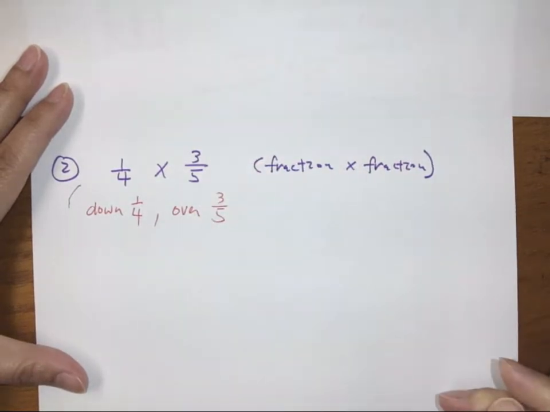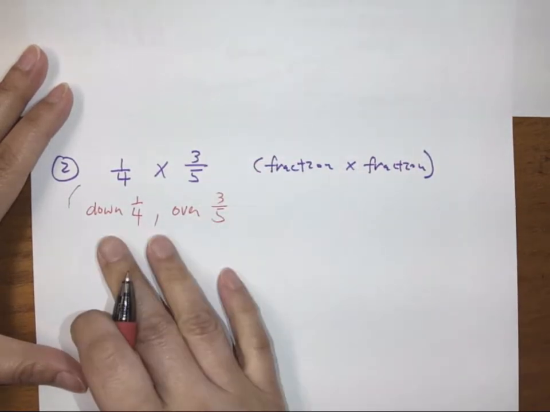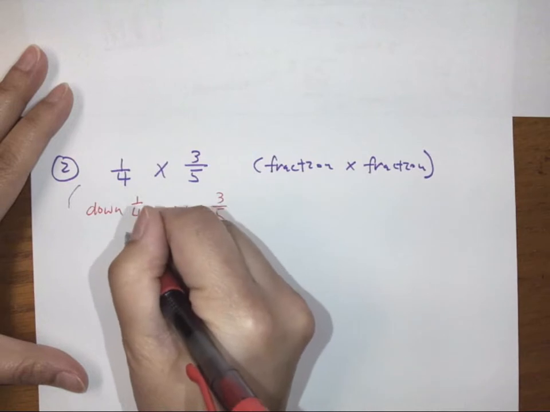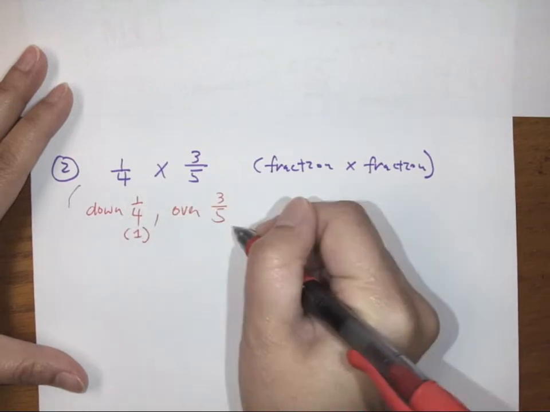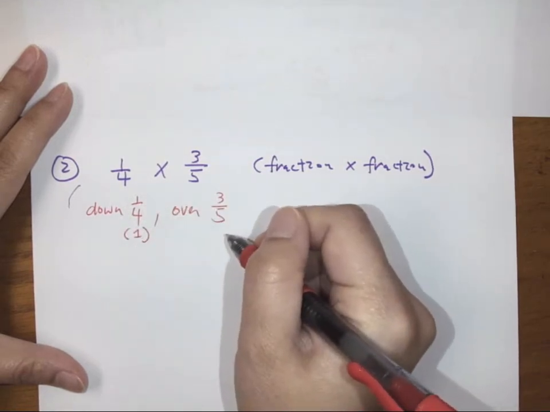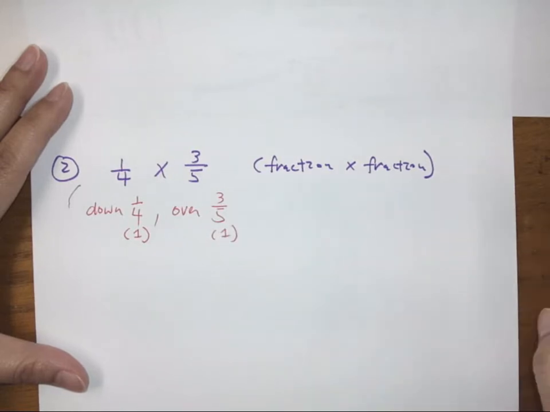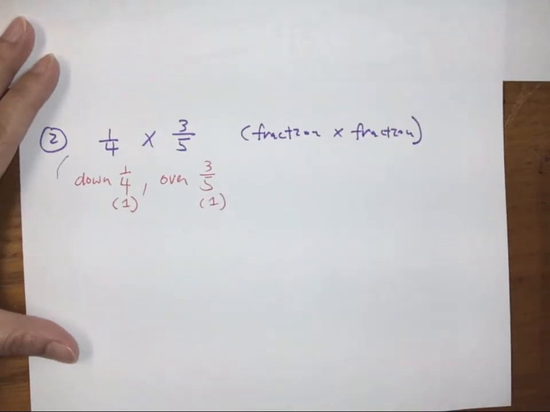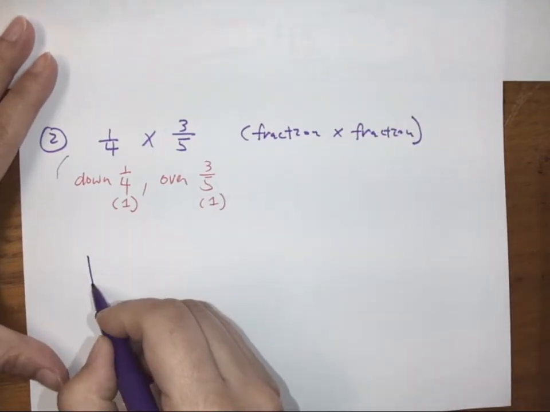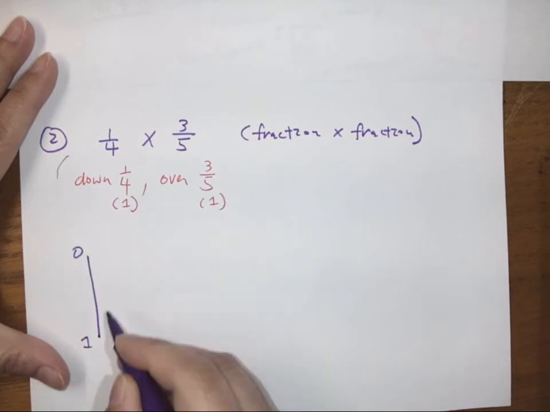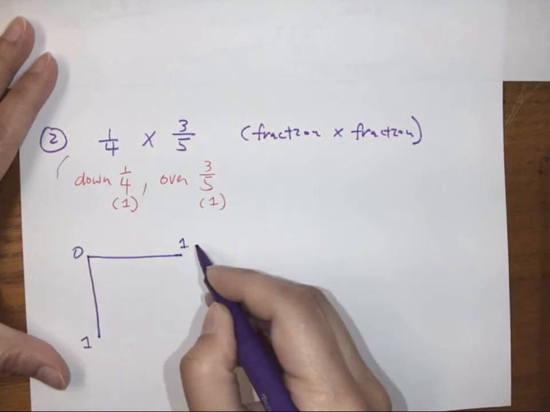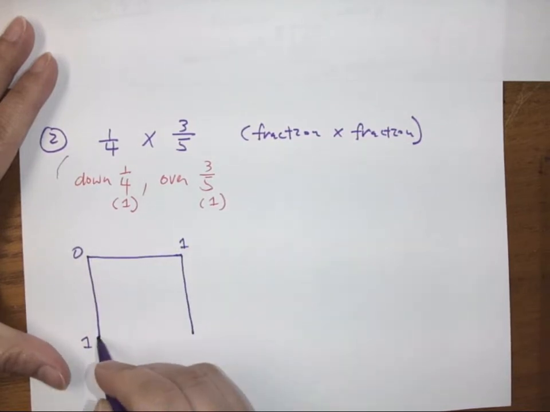Because both of them are less than 1, when you draw it, you probably need to round it to the next whole number, which is 1 whole here and another 1 whole here, right? So we're going to go down 0 to 1 and go over 0 to 1, and then connect those lines.